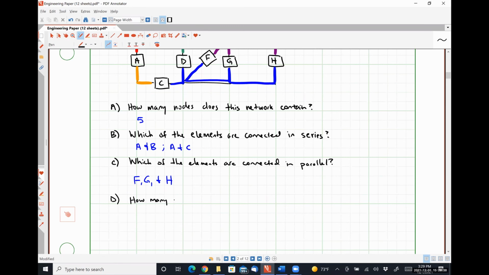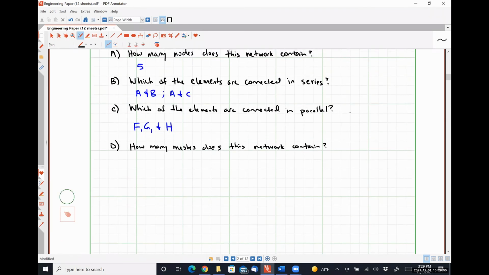How many meshes does this network contain? And lastly, how many loops does this network contain?